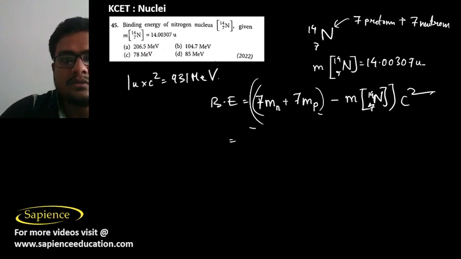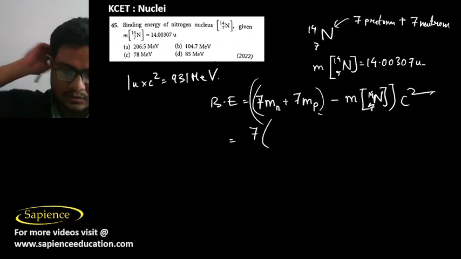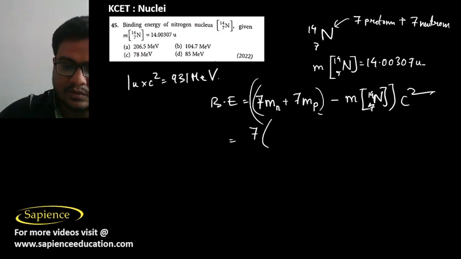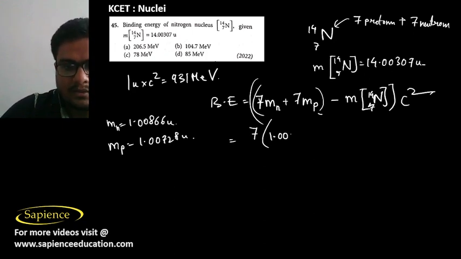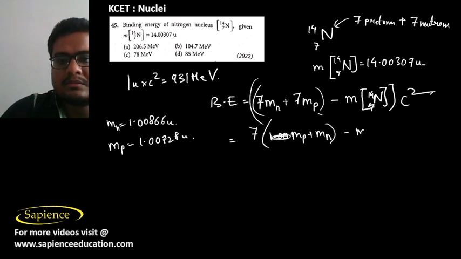This will be 7 into mass of proton plus mass of neutron minus mass of nitrogen into c square.